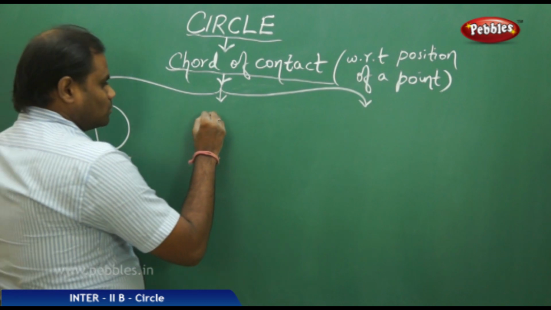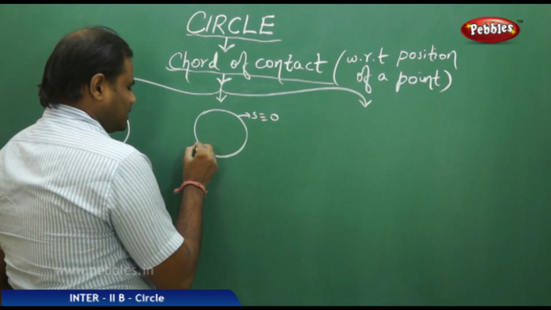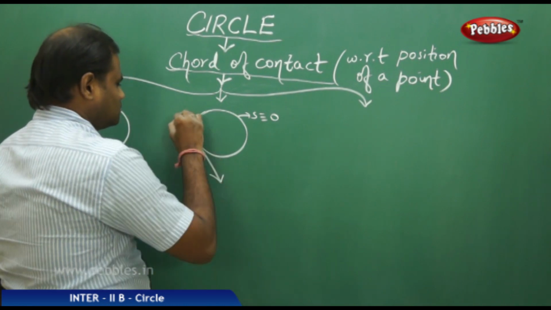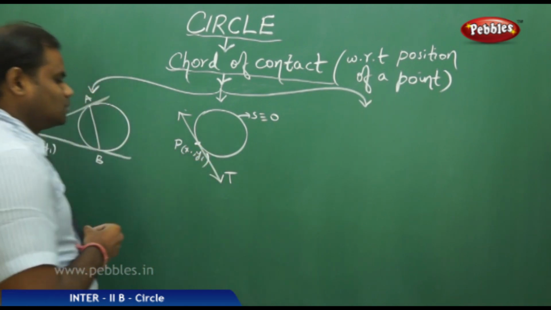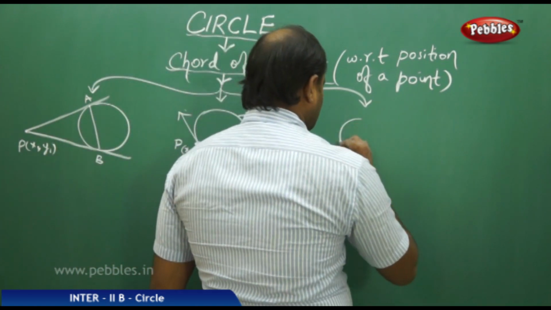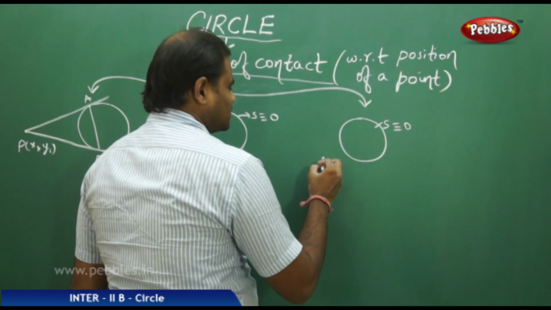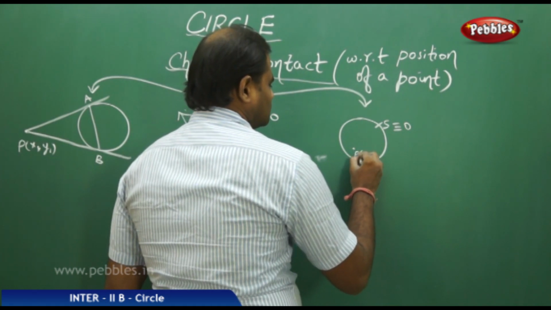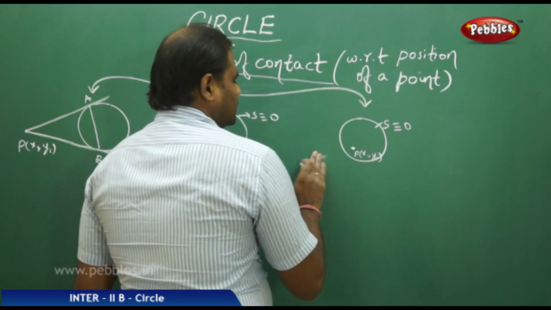For case 2, where the point is on the circle, I have only 1 tangent. Now case 3, where the point is inside the circle, I do not have any chord of contact.